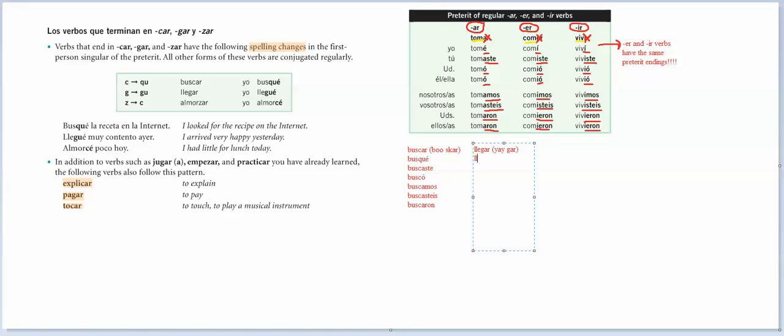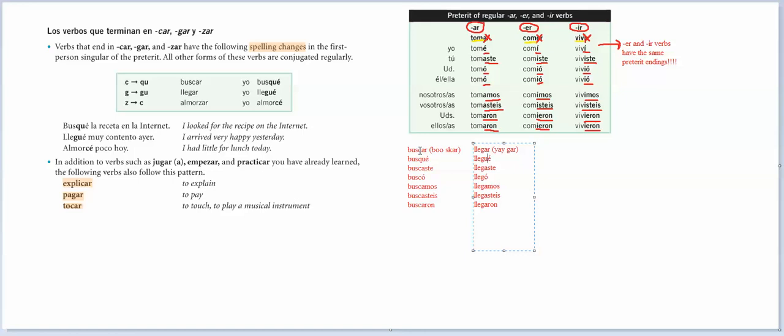So if I conjugate it out, this is what I would have. Everywhere except for in the yo form, my G would be next to an A or an O, which would keep the G sound. In the yo form, if I leave it as this, it's going to have an H sound. To keep the G sound, I have to put a silent U in there.